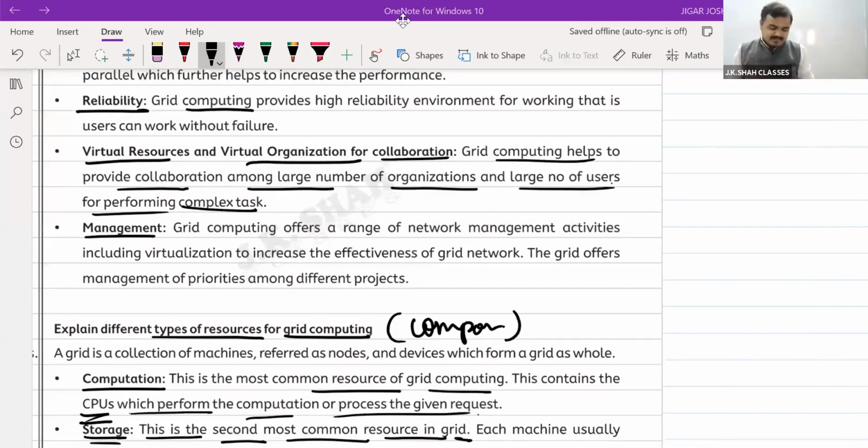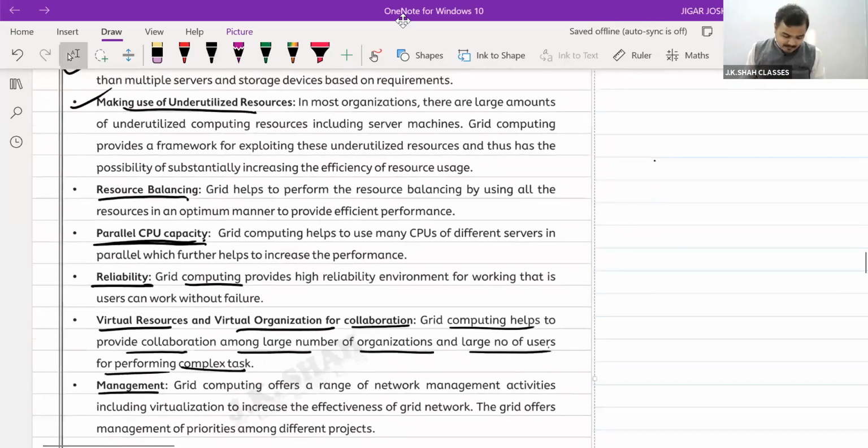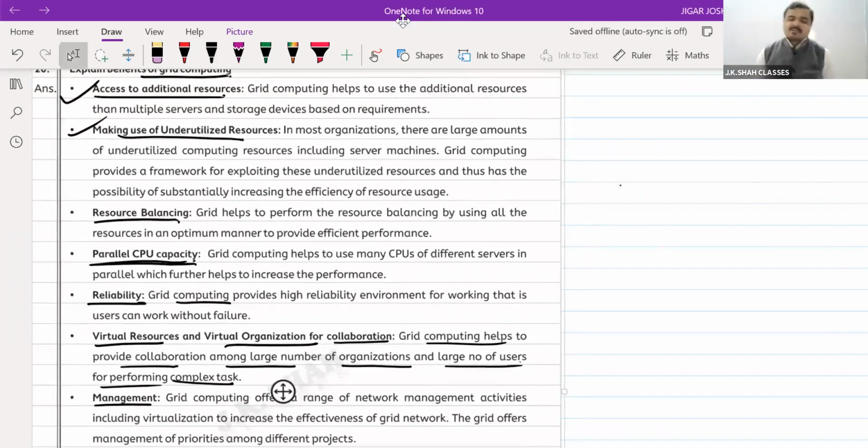So, what are the advantages of grid computing? Number one, access to additional resources. Number two, making use of underutilized resources. Number three, resource balancing.